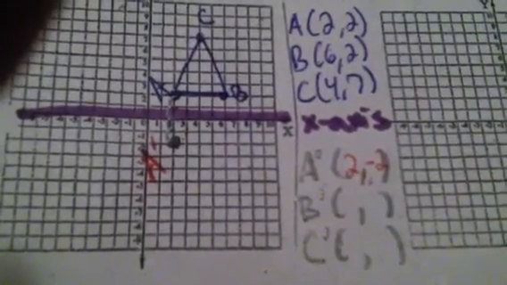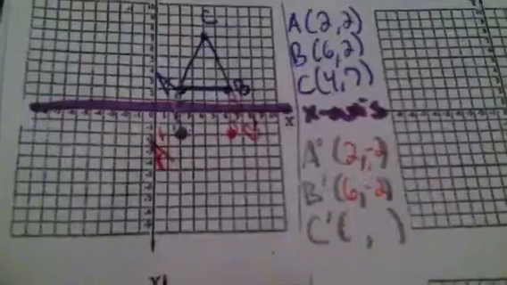So right here, and I'm going to do this in red pen just so y'all can see it, is new A. This dot right there is new A, because it was 2 away, then 2 away. So new A's coordinates are (2, -2).